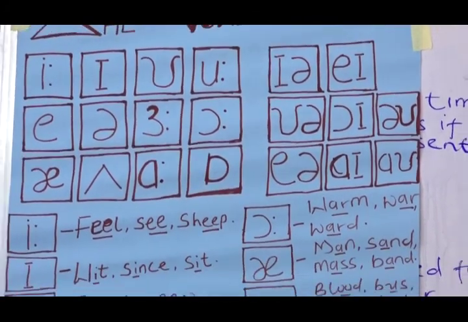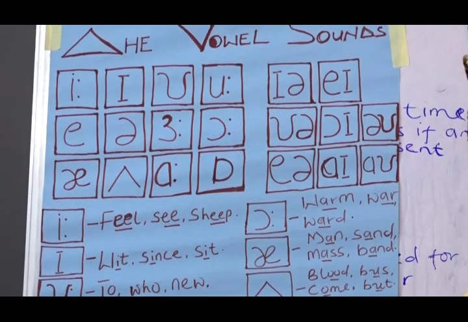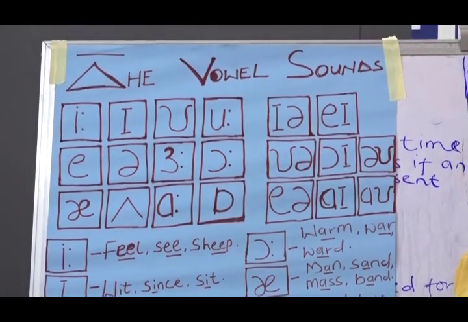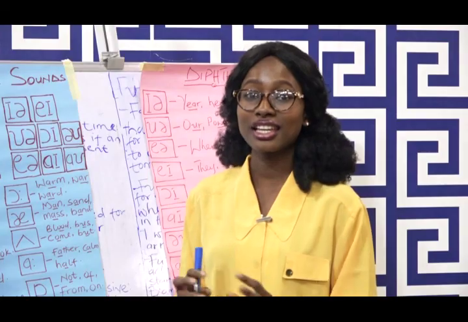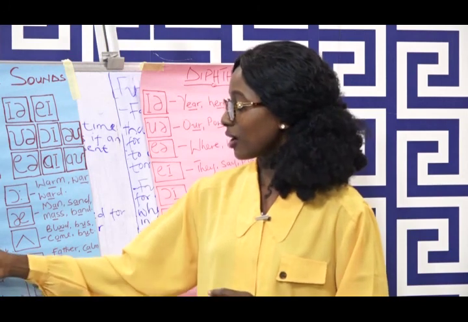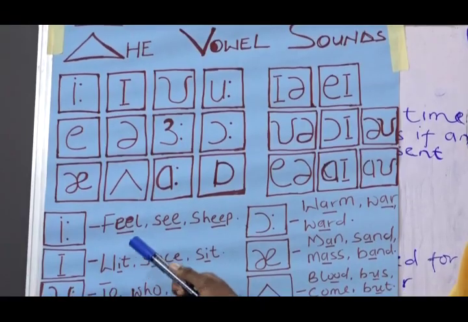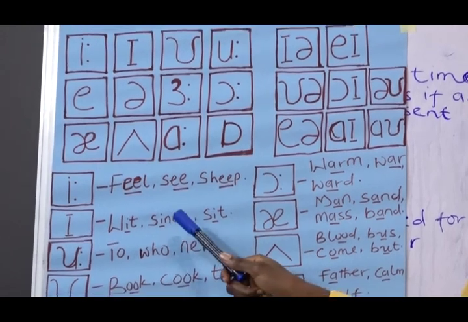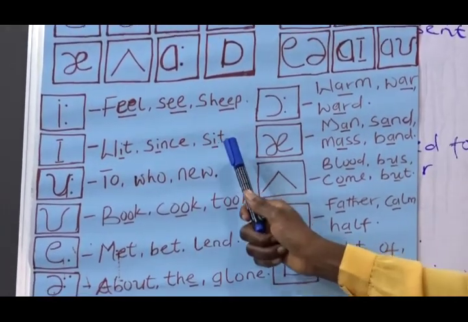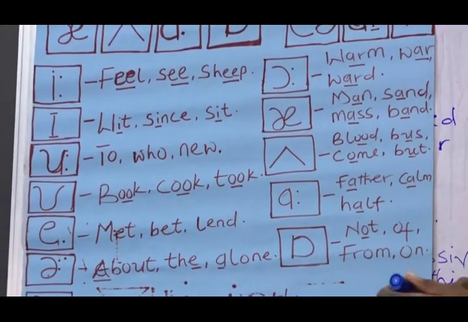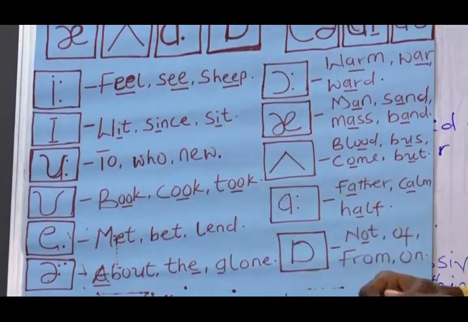It's a short vowel, so you just say E. Now you have E as in wheat, since, sit. So you have the sounds here.